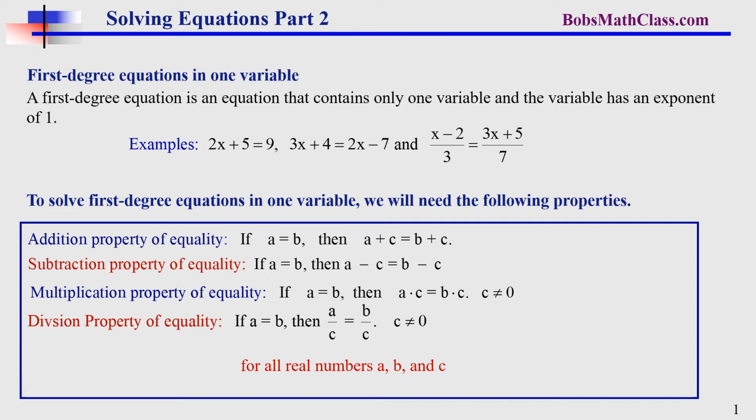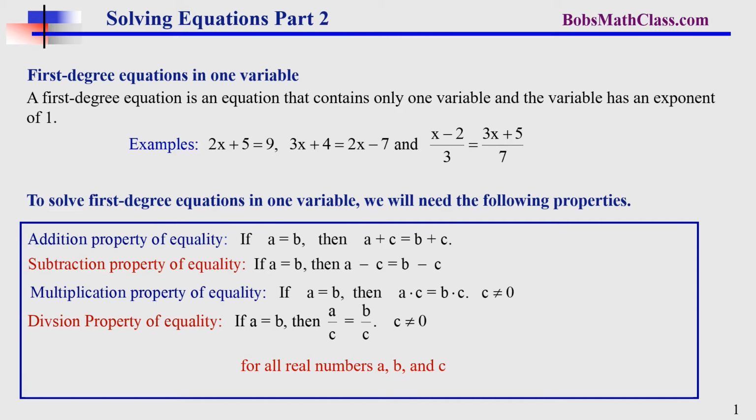You do have a condition, though, that c cannot equal 0. Because if you multiply the left side and the right side by 0, everything's gone, and you get 0 equals 0. That doesn't help us. So we have a condition that c is not equal to 0. And then the last one, the division property of equality. If a equals b, then a over c equals b over c.